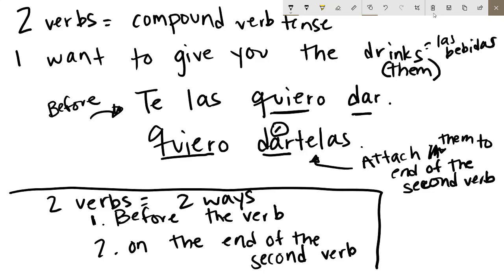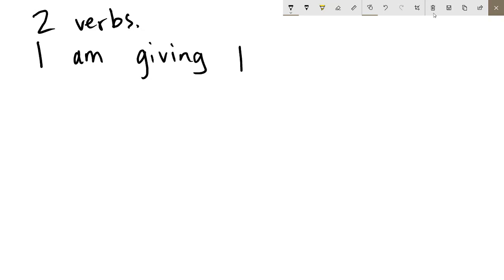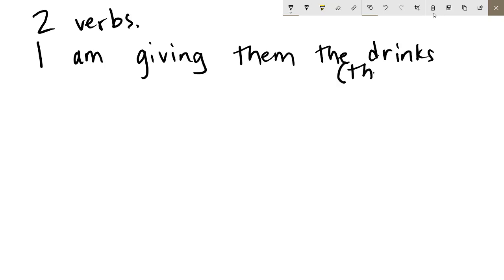Okay, so another way with two verbs, what if I wanted to say, using the present progressive, I am giving them the drinks. The drinks, I'm going to call them them.